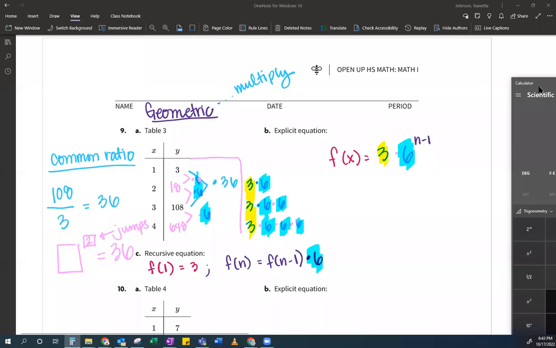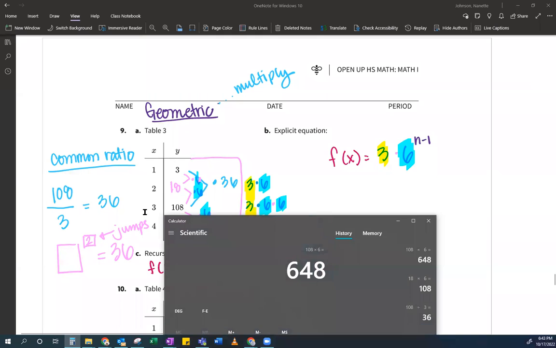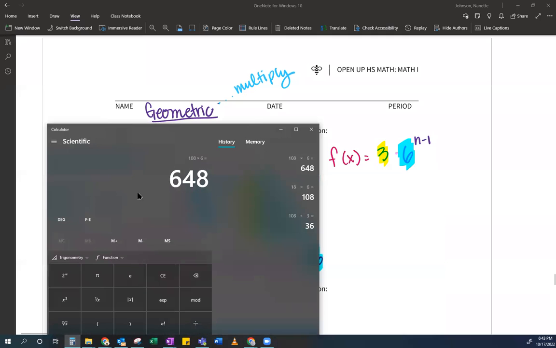So if I wanted to check my answer, 3 times 6 to the n minus 1, I'm going to put it right here. And I'm going to check 3 and 108 because that's the term that they gave me. So I'm going to plug in 3 right here, right? And so 3 minus 1 is 2. So 3 times parentheses 6 parentheses.